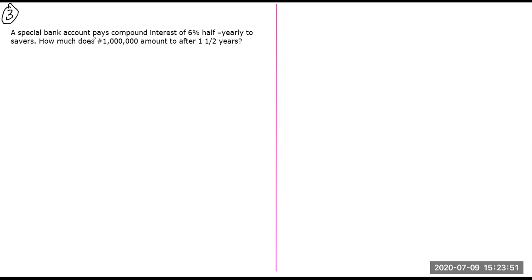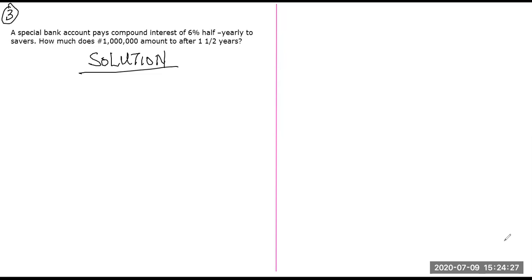Now, to savers, how much does 1 million naira amount to after 1.5 years? Now, the N is in years, while the rate is in months, so we also need to convert to be compatible, because they didn't tell us when the reckoning is taking place. There was no other condition telling us when the interest is being generated. That implies automatically that the interest is generated every half a year, which is the rate here.